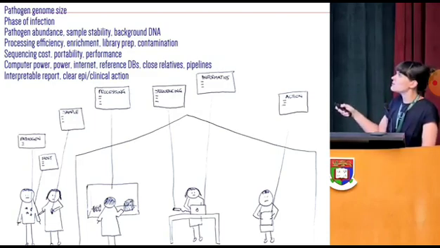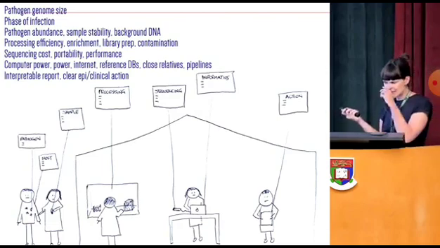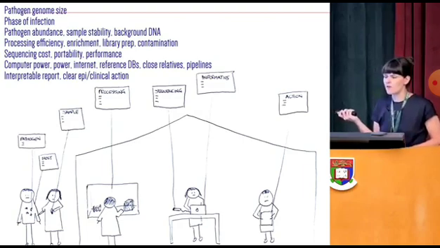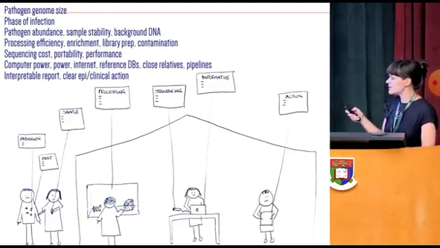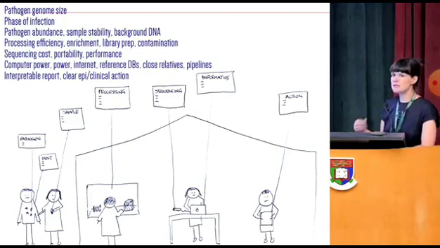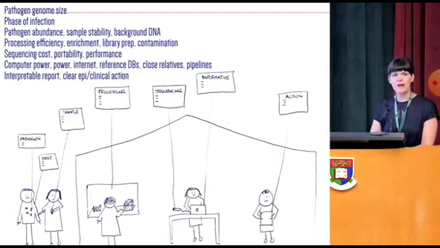Lots of people are focusing all sorts of interesting research programs on all of this bit in the middle. One of the bits that I personally think has been ignored and underrepresented is this latter part. How do we take this genomic information that we're generating and communicate it in a way that is both useful and usable to our end users?